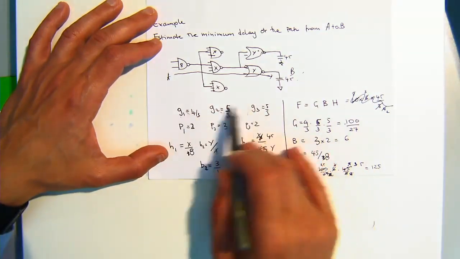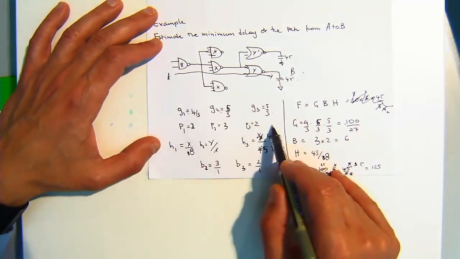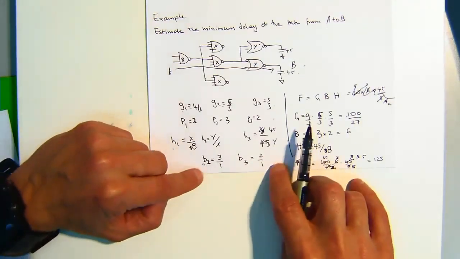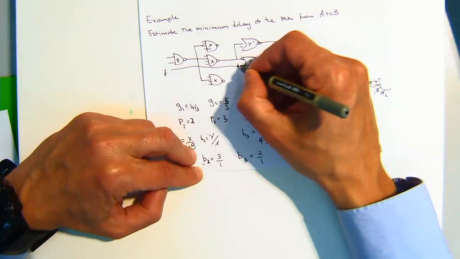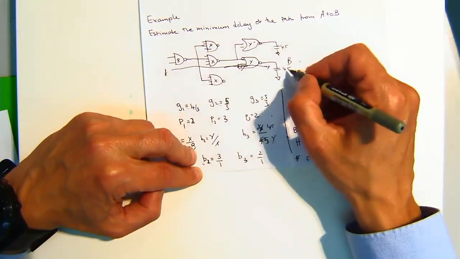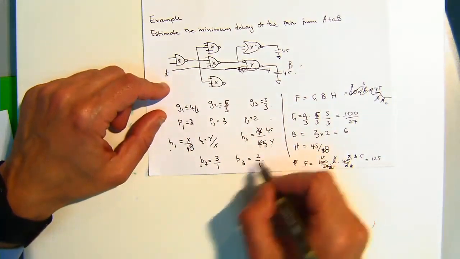So you've got to look it up and make sure that you've got the right values. You've got the parasitic delay, you've got the electrical effort, and then you've also got the branching effort. That's right for this input. So the branching effort is that.